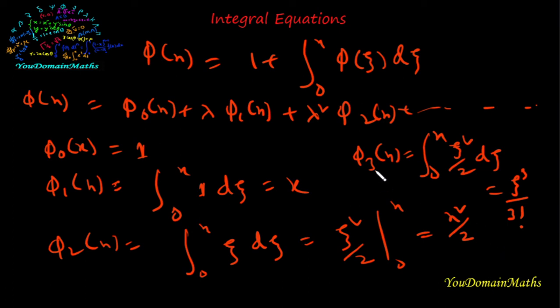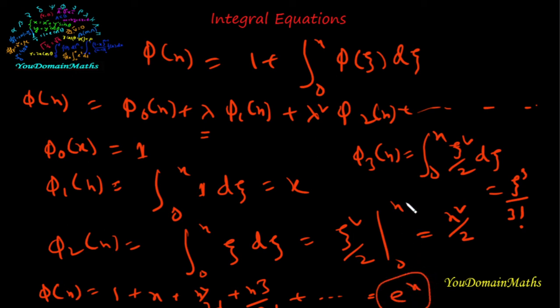Putting the values of phi naught, phi 1, phi 2 in here, and the value of lambda is 1, we find the solution phi of x equals 1 plus x plus x square by factorial 2 plus x cube by factorial 3 and so on. This can be written as, everyone knows it, e to the power x. So e to the power x is the solution of this integral equation.